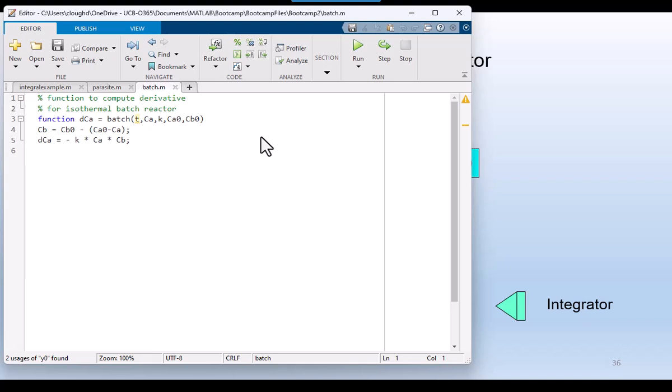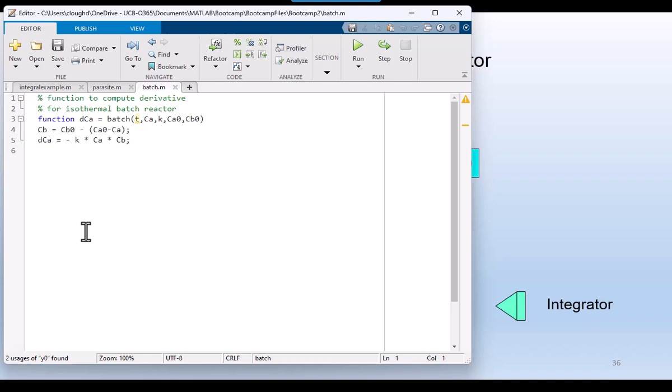It has time and the current concentration of A, and then it has 3 extra parameters that it needs to carry out these calculations to compute the derivative of A. And so it's setting up one of these functions again where we need to pass through some extra parameter values, and you've seen us do that before with algebraic equations. You'll see it again here.